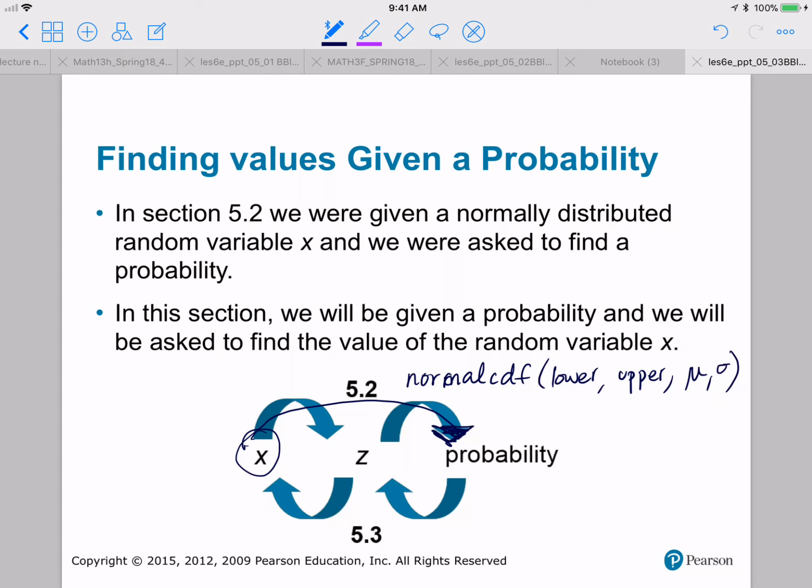And now we'll be given a probability and we will want to find our x value. The command we'll use is invNorm.